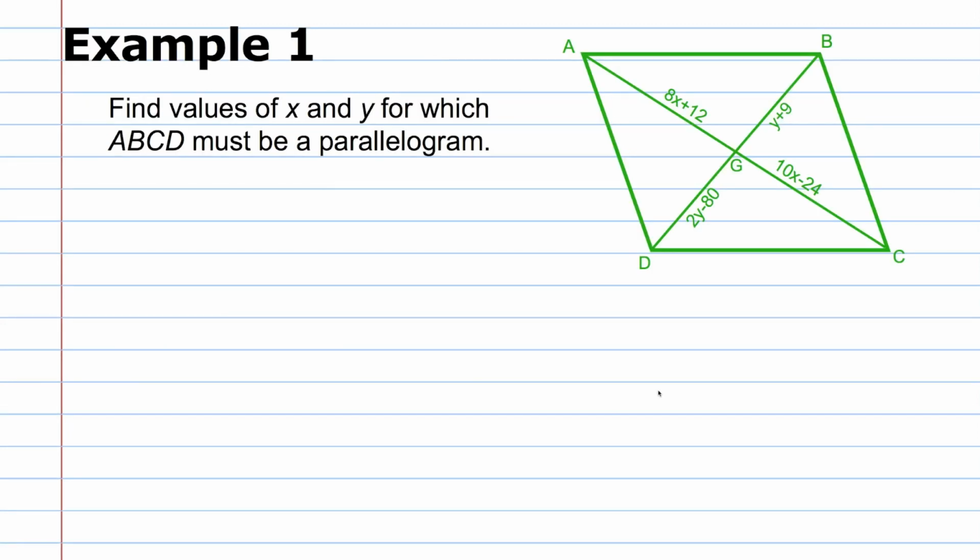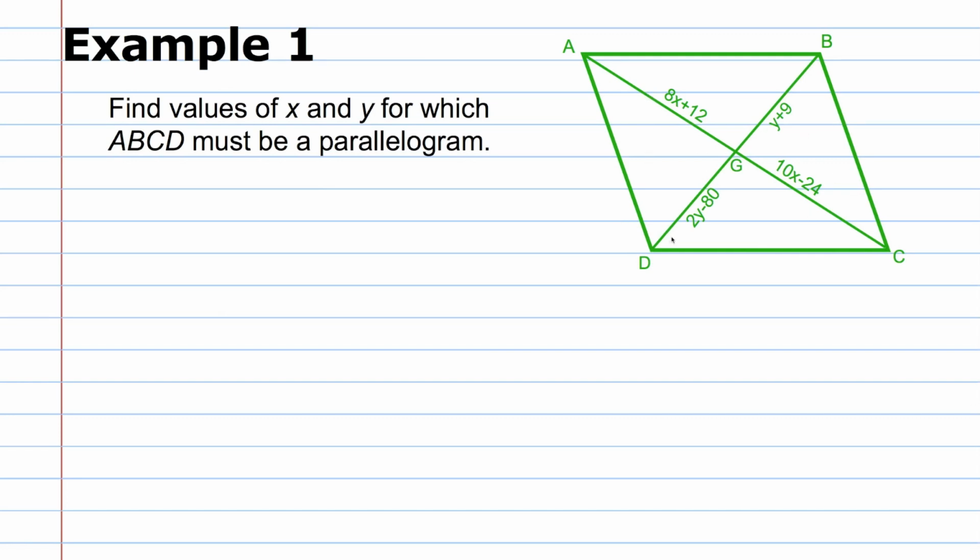Continuing our work with parallelograms, we have here example 1 where it asks us to find the values of x and y for which quadrilateral ABCD must be a parallelogram. Well, for this particular example, quadrilateral ABCD, we are given information about the diagonals.